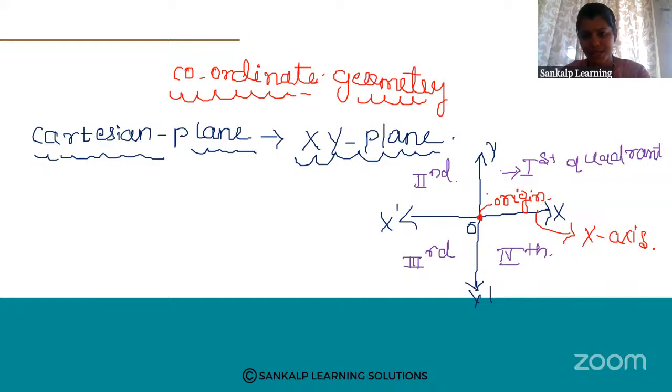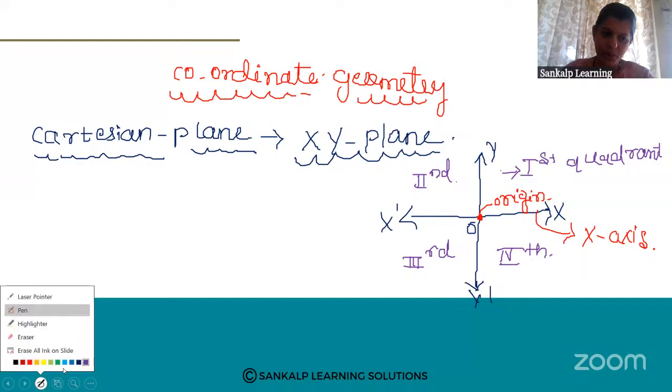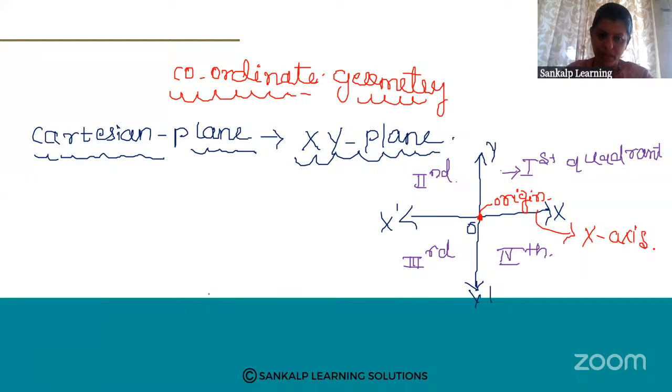In the first quadrant, we observe positive and positive signs. On the x-axis all the points are positive, +1, +2, +3, and on the y-axis also all values are positive.